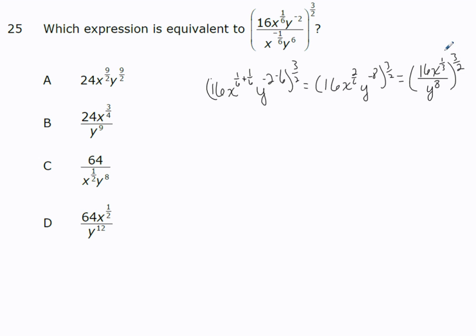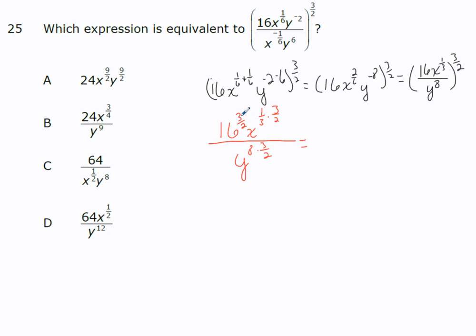Now I can distribute that 3 halves. So we've got 16 to the 3 halves power times x to the 1/3. Power to a power, multiply. So this is going to be times 3 halves, all over y to the 8 times 3 halves.